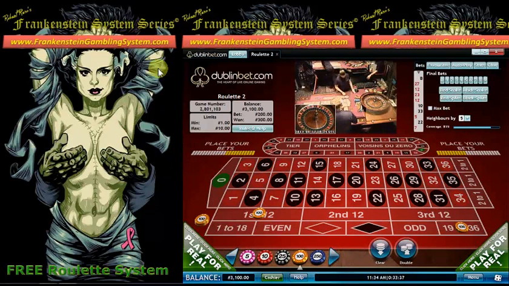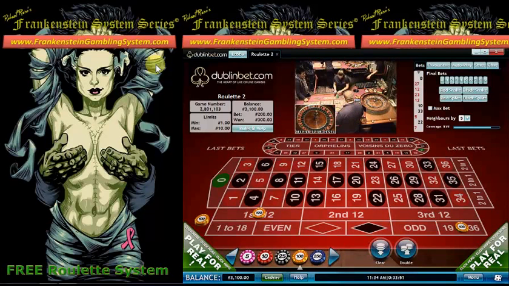And my Frankenstein system was actually developed out of the well over 2,000 gambling systems that I own. I was able to take all the working parts and merge them into one working strategy, which normally a Frankenstein type of gambling system has a bad reputation.